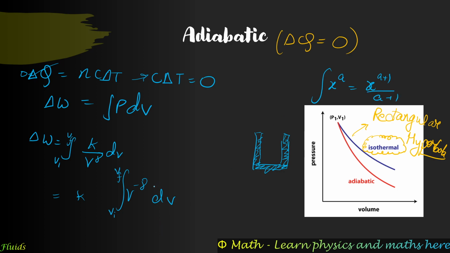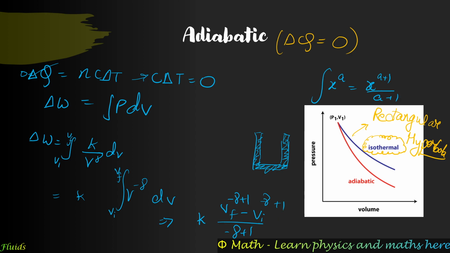So the same thing will happen here, and we will get a very lengthy result, which is K V to the power minus gamma plus 1 divided by minus gamma plus 1, with the limits from V initial to V final. That is V final to the power minus gamma plus 1 minus V initial to the power minus gamma plus 1.